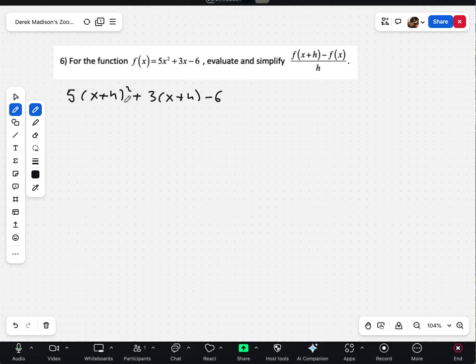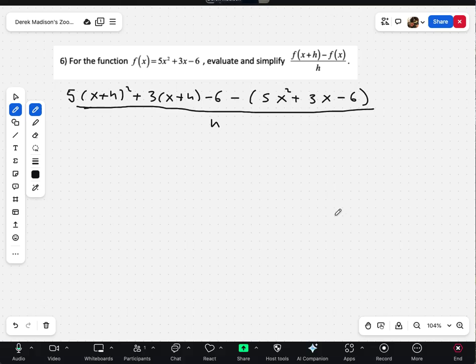A really common error is for students to get the x plus h in the squared one, but then forget that they have to evaluate all the x's, so be careful not to miss that one in the middle. And then we're subtracting our original function, which is right here, squared, and then that is all over h.